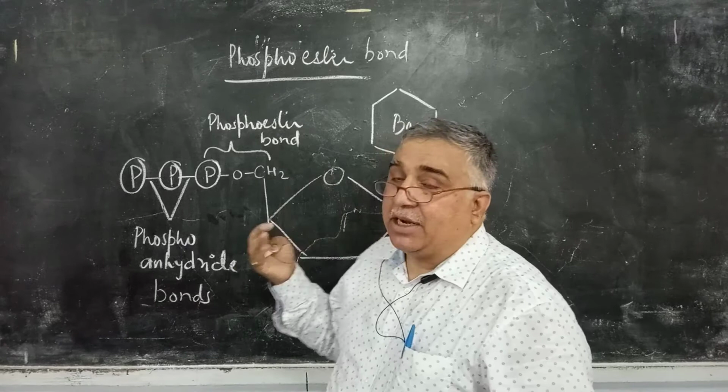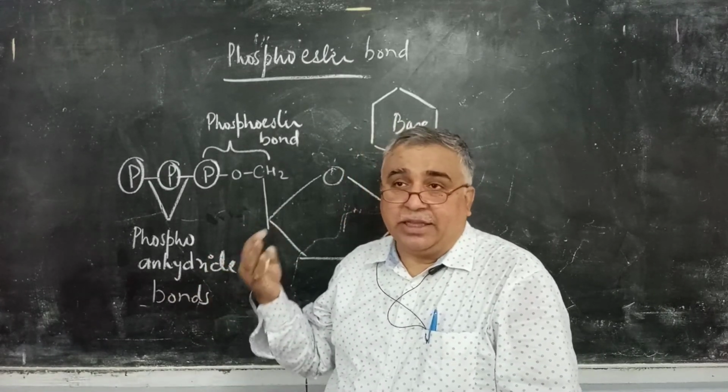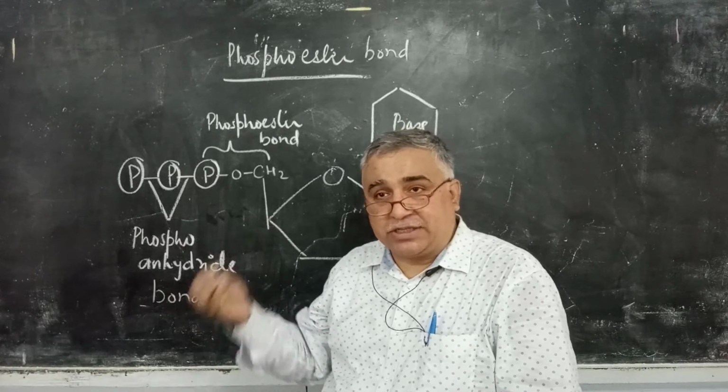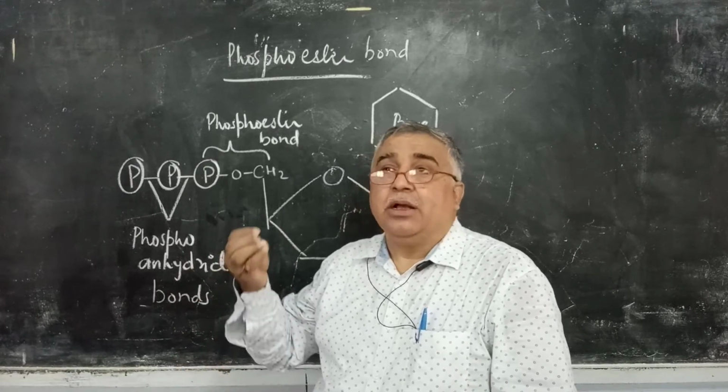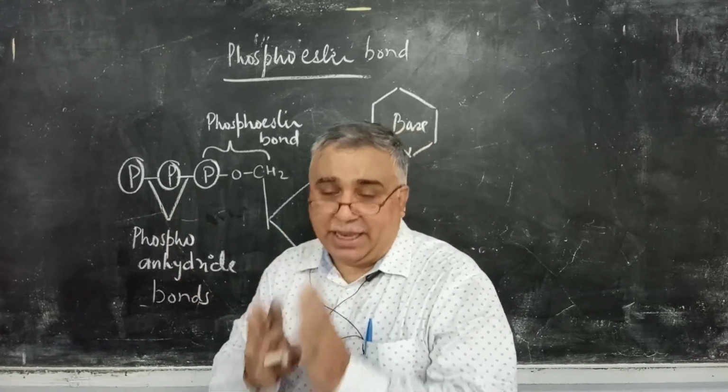So primarily there are four types of bonds that are found in a nucleotide, and they are phosphoanhydride bond, phosphoester bond, phosphodiester bond, and hydrogen bond that holds together two polynucleotide chains in a helix. Thank you.